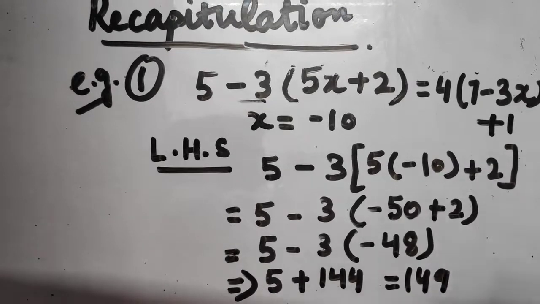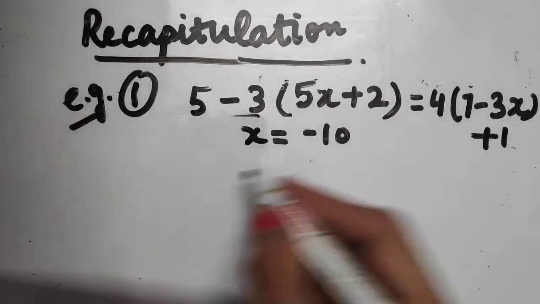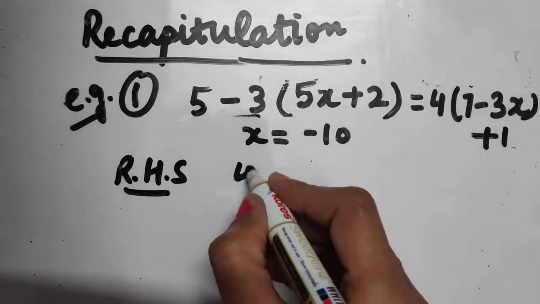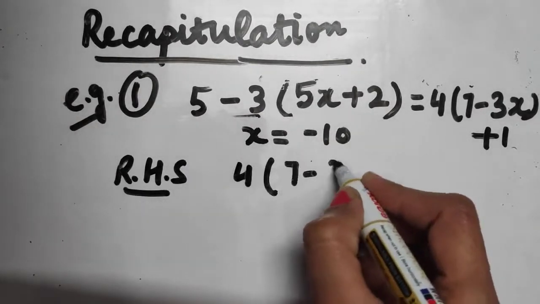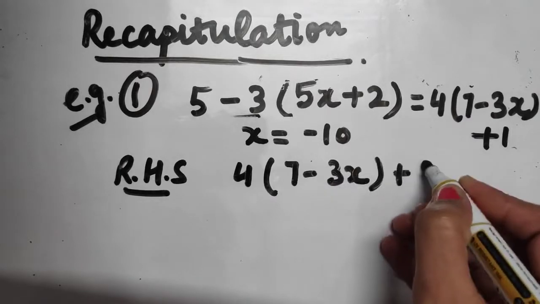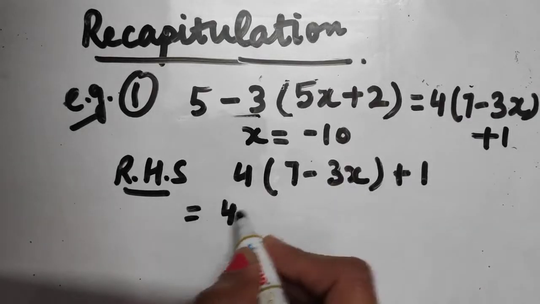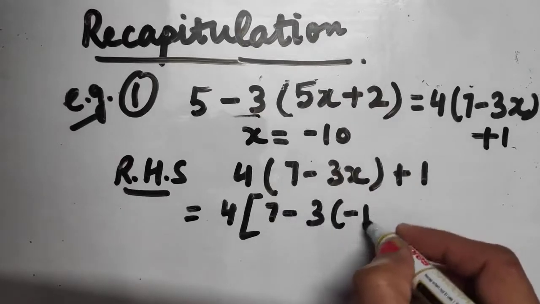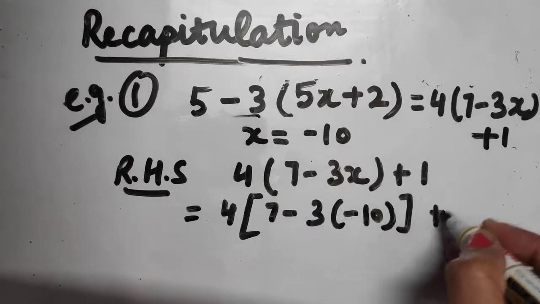Let us see now whether after putting x equal to minus 10 on the right hand side, I will be getting 149 or not. So I am solving the right hand side now. The right hand side is equal to 4 bracket 7 minus 3x, plus 1. Now 4 bracket 7 minus 3 into minus 10, plus 1.